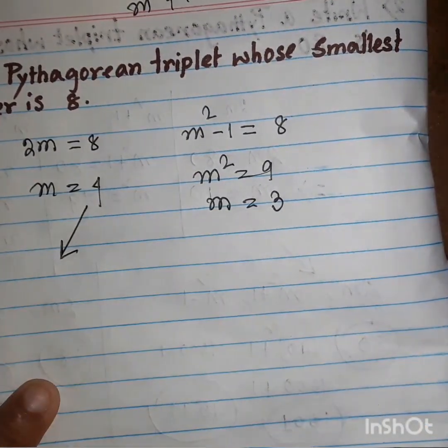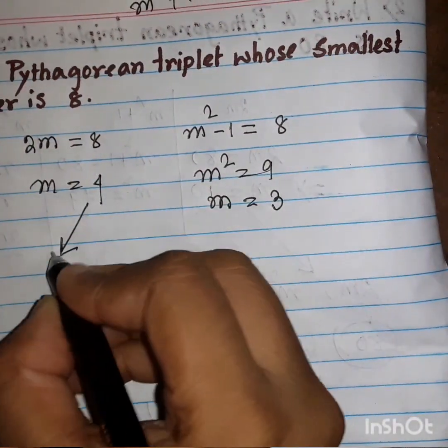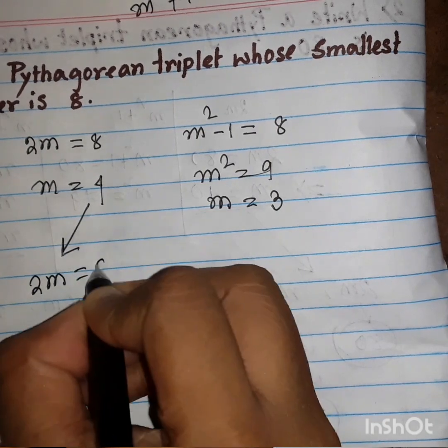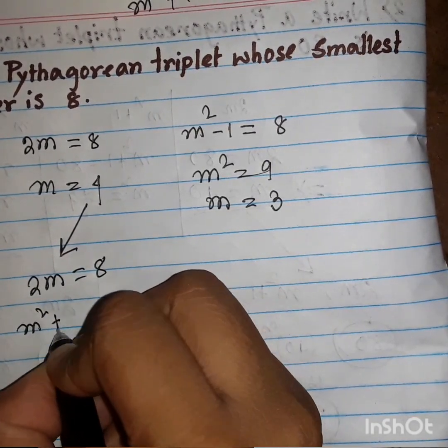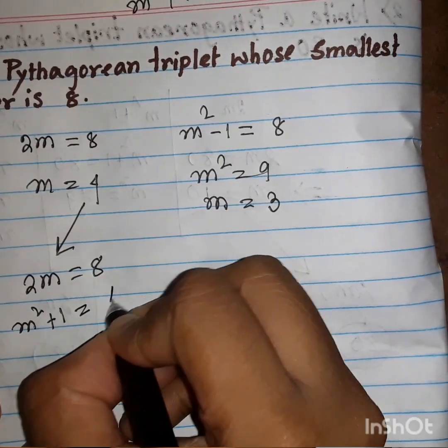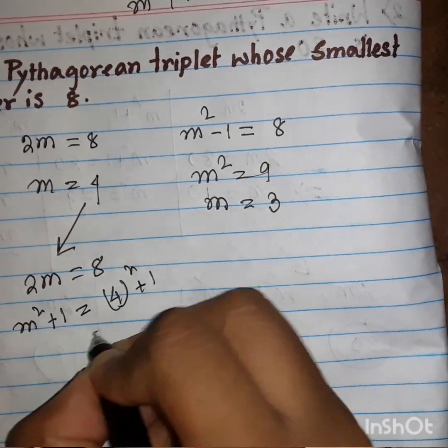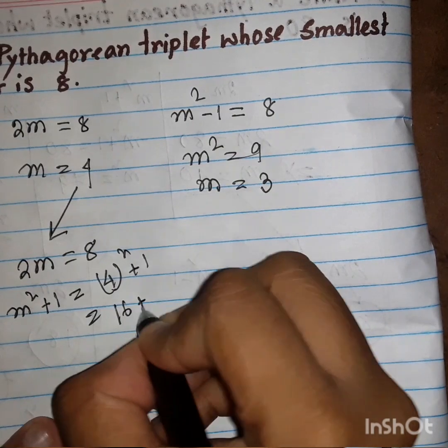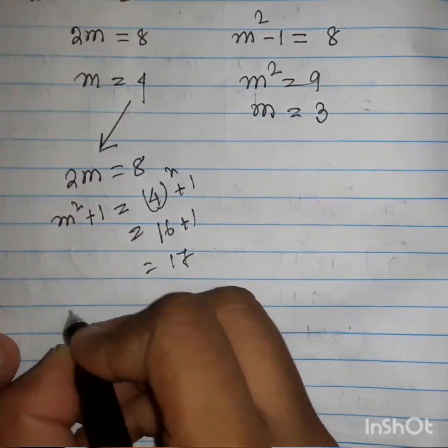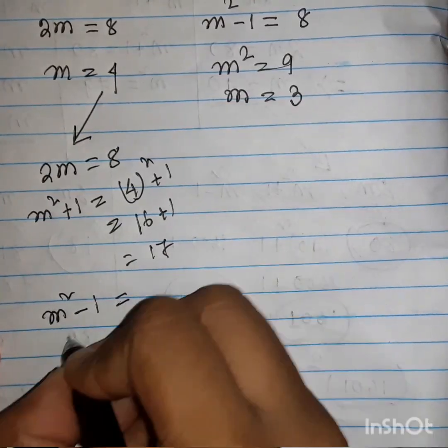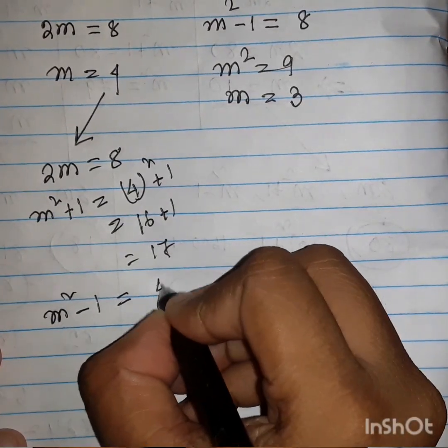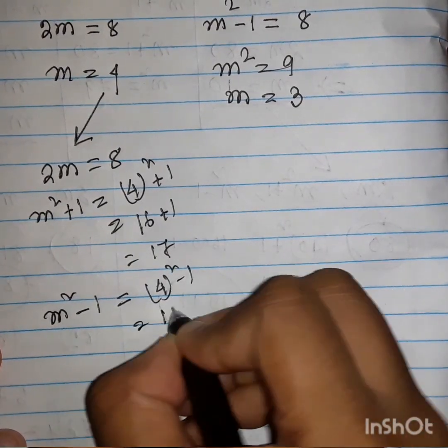So then in this case 2m can be 8, m square plus 1 is equal to 4 square plus 1, that's 16 plus 1 equals 17, and m square minus 1 is equal to 4 square minus 1, that is 15.